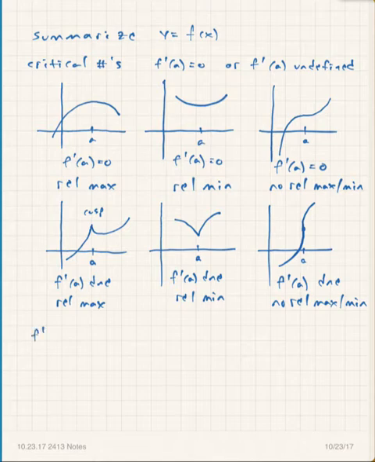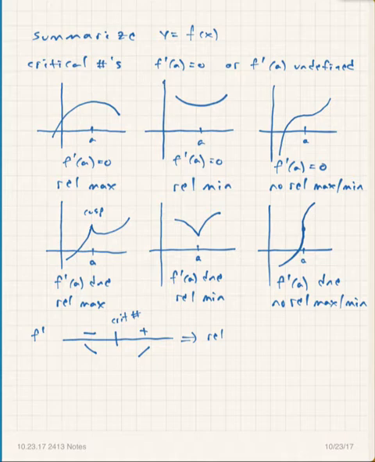What do you look for in a situation like this? You look for a sign change in the derivative. Right? If the derivative function goes from negative to positive, it means the function goes from decreasing to increasing, and let's say at that particular point the derivative is 0 or undefined, so this is a critical number right here.